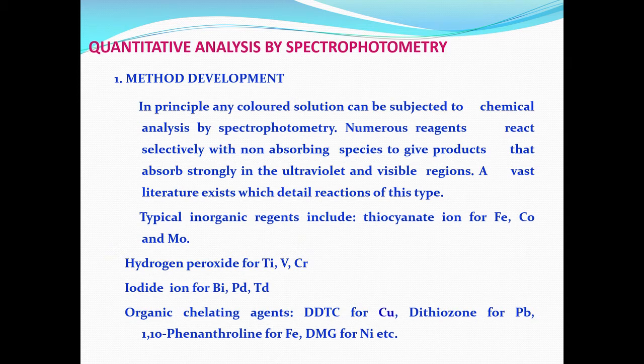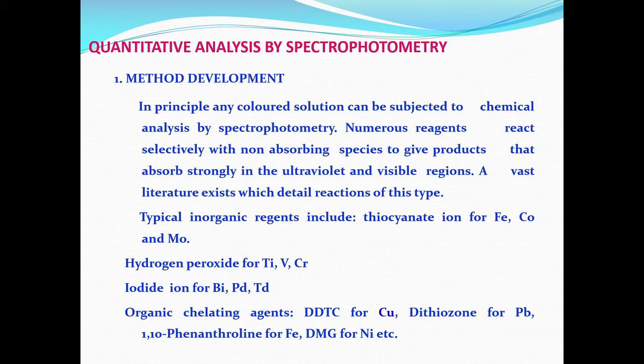That is what we are going to discuss now. In principle, any colored solution can be subjected to a chemical analysis by spectrophotometry. You take any substance which is colored, you can make the measurement. Now, sometimes you come across substances which are colorless. Then what do you do? There are numerous reagents that react selectively with the analyte to give you an absorbing species.